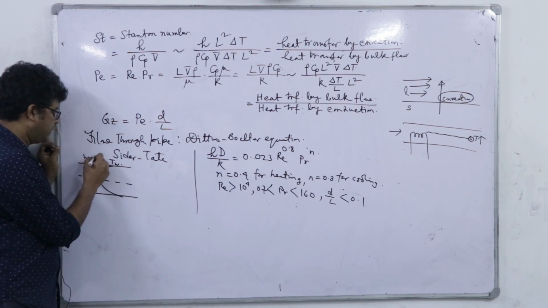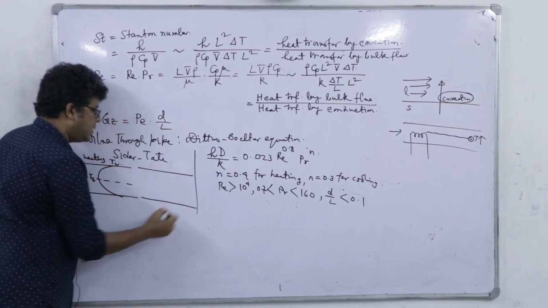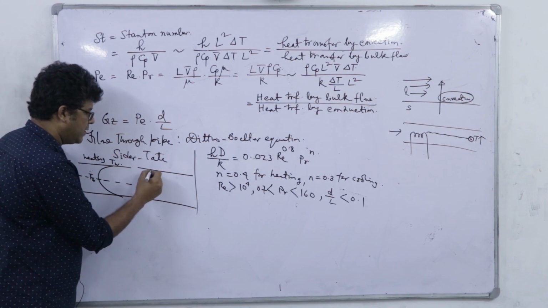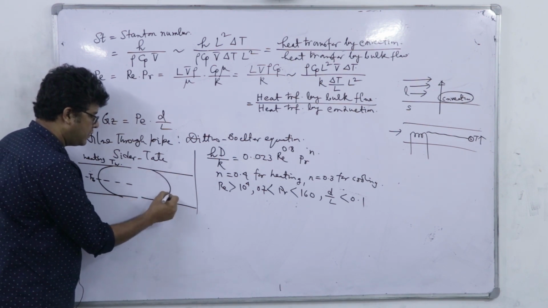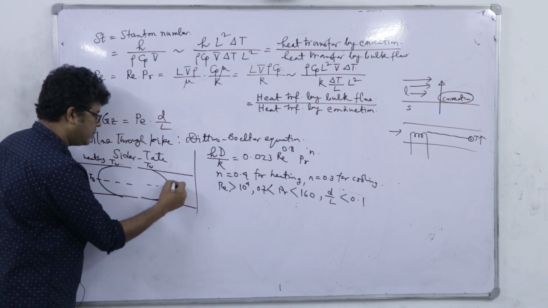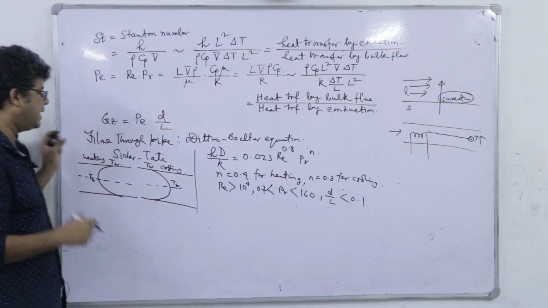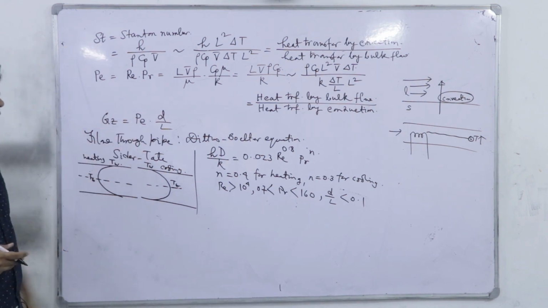So this is the case for heating. Another case is cooling, where the wall temperature is low and centrally the temperature is high. So it is TW and this is bulk. So this is cooling. And they found that in these two cases, this Prandtl number exponent is changing.